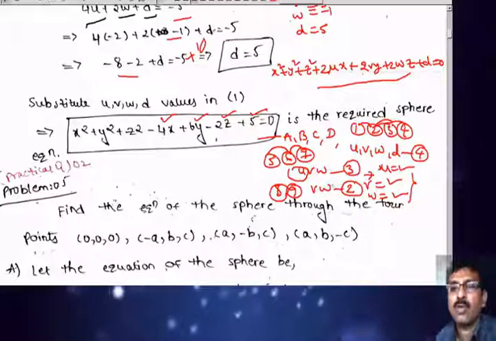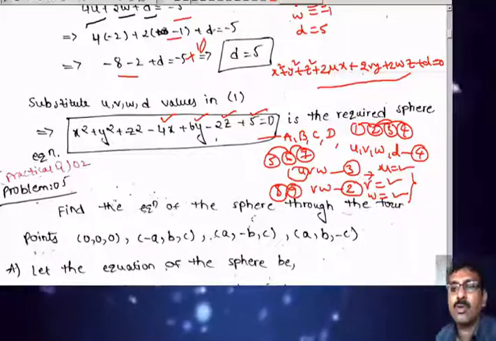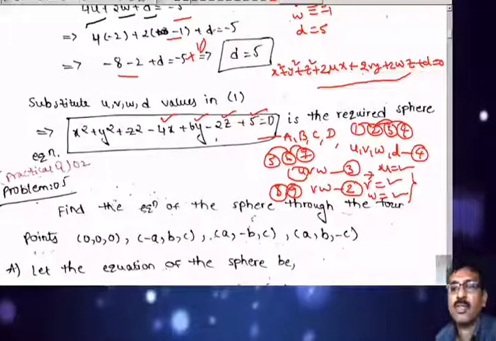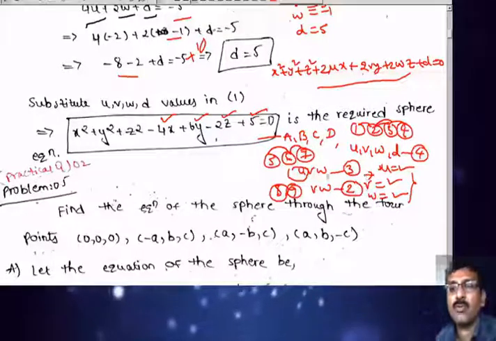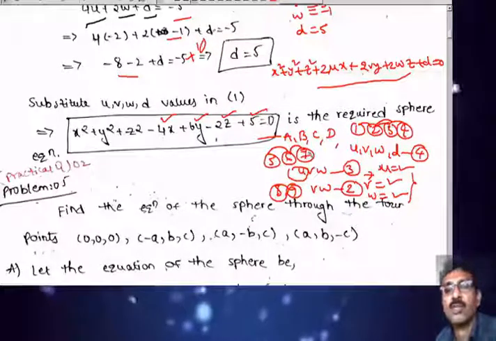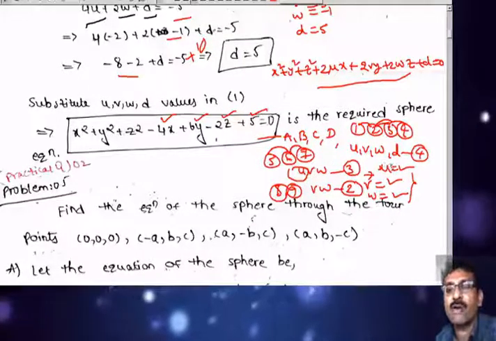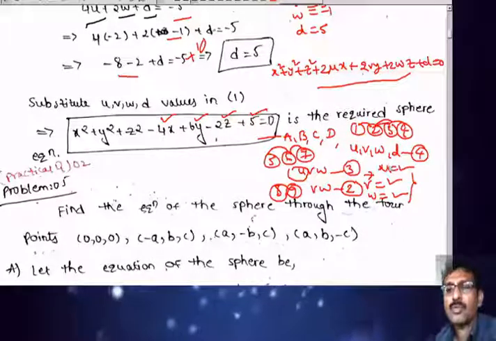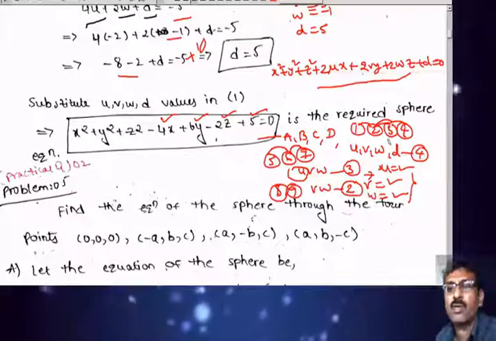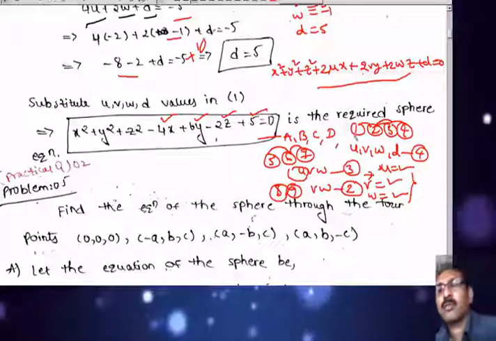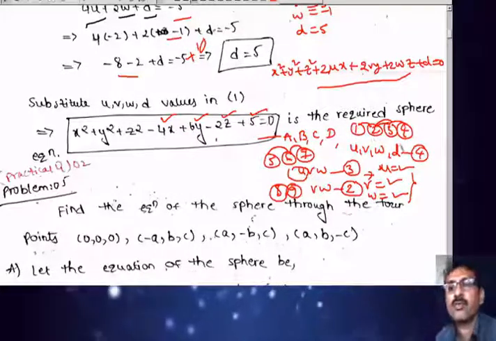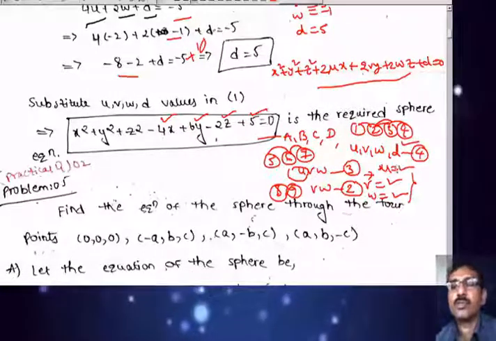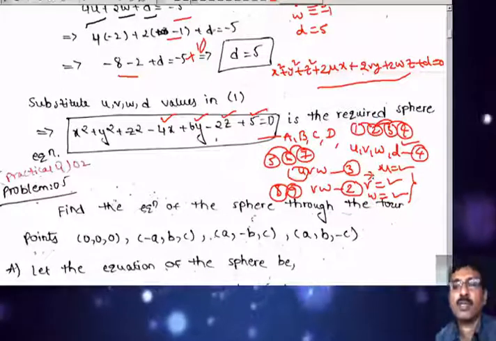So coming back, substitute the v, w values in any one of the 5, 6, 7 equations, we get the u value, and substitute the u, v, w values in one of the first four equations, we get d. So this is the process.